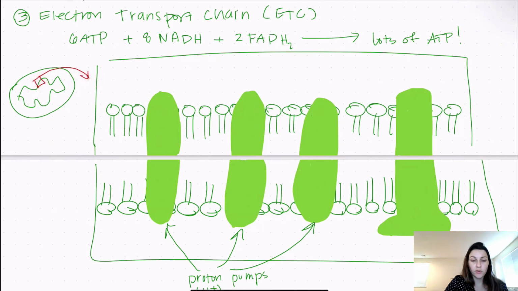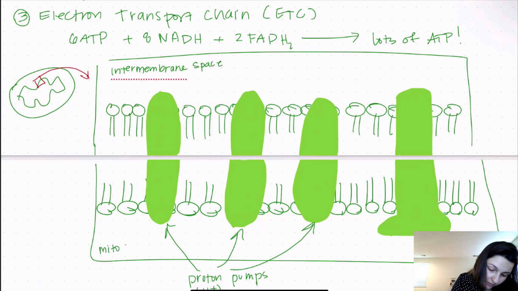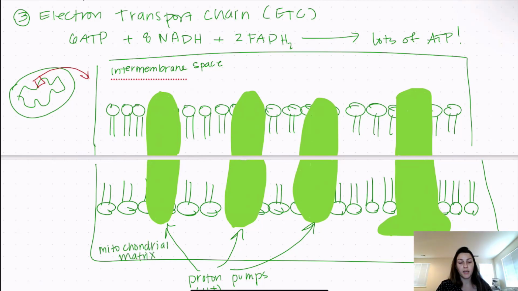So if I were to zoom in on my mitochondrial membrane, notice that this top part is the intermembrane space, and the bottom part is the mitochondrial matrix. Each of these big green guys is a protein.